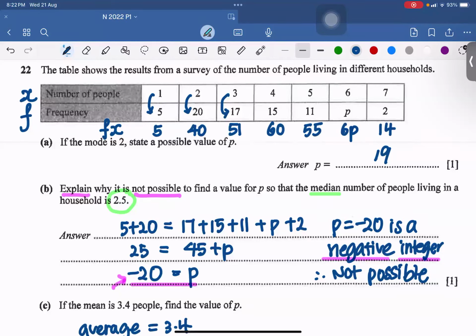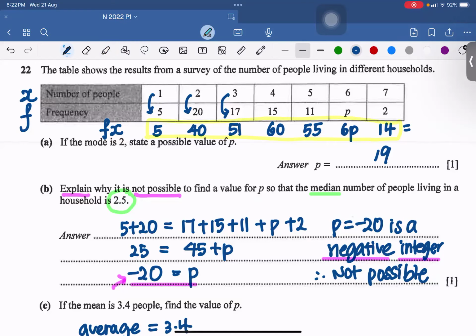First thing, I need to add up all my total frequency. This is 5 plus 40, while I'm speaking, I'm pressing into my calculator, plus 51 plus 60 plus 55.